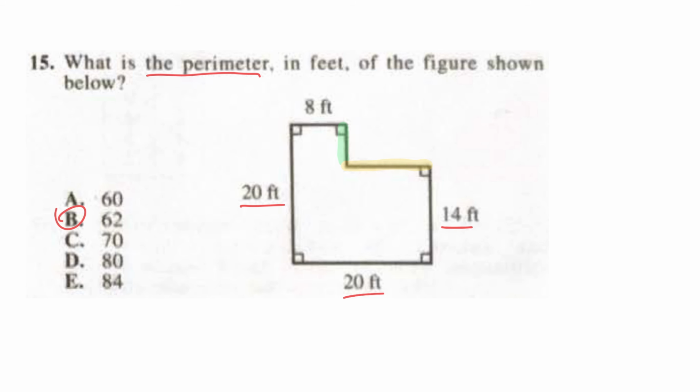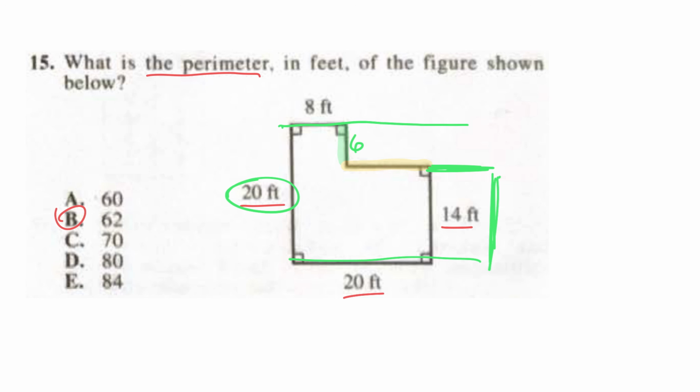So if we look at the first side, this side, we know from here to here is 20 according to this right there. And 14 of the 20 is from here to here, which leaves us with 6 units still to go.